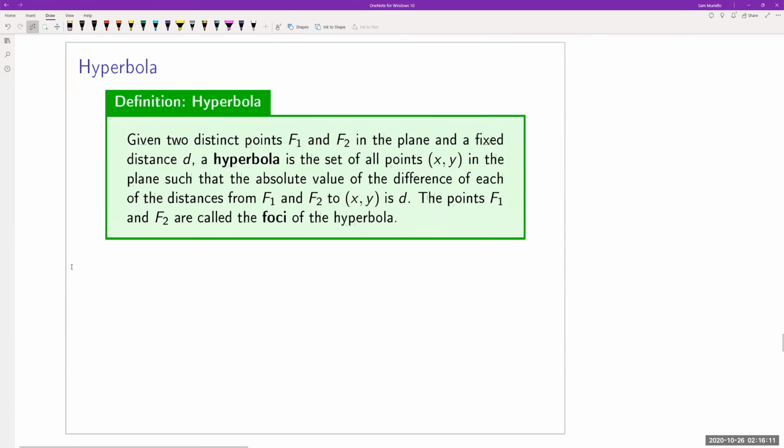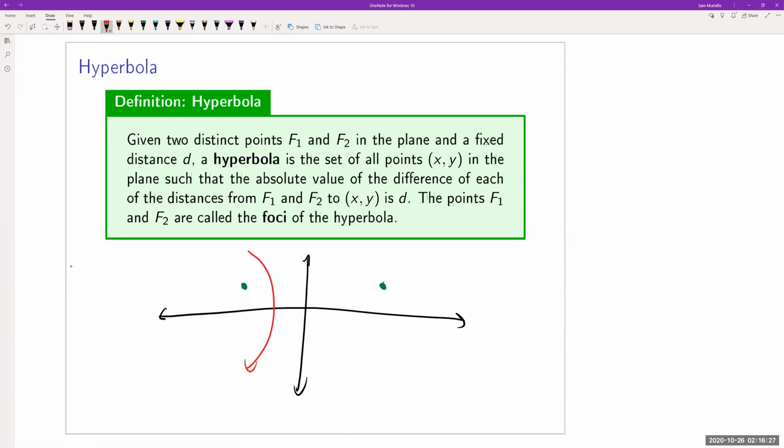Only one more piece to go through. This is the hyperbola. A hyperbola is kind of like a reverse ellipse. The idea is that this time, instead of the distances from the foci being added, they are subtracted. So our hyperbola will look a little something like this.